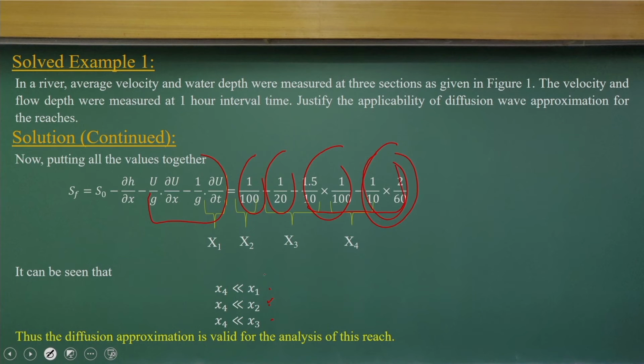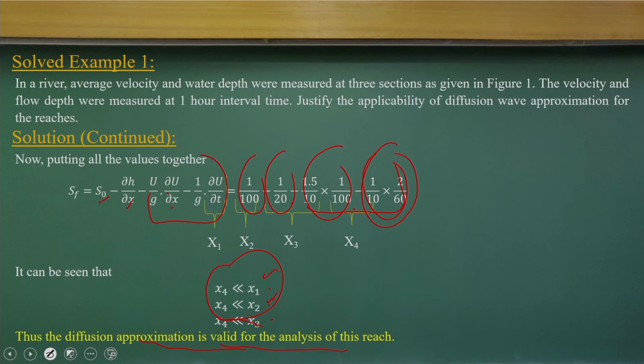So, we can always say this is not significant as compared to x1, x2. If I consider that part, because the x4 terms are very less, we can easily say that we can use diffusion wave approximations for this case.